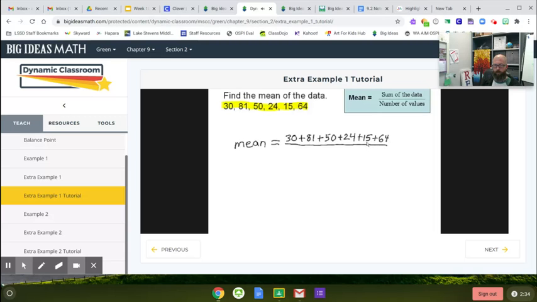Divide by the number of values. As we said before, there are 6. 1, 2, 3, 4, 5, 6. So divide by 6. Then all we need to do is simplify. Find the sum. The sum of all those numbers is 264.